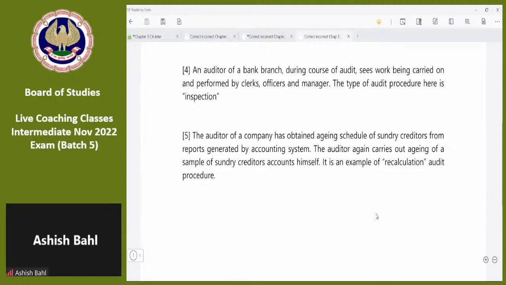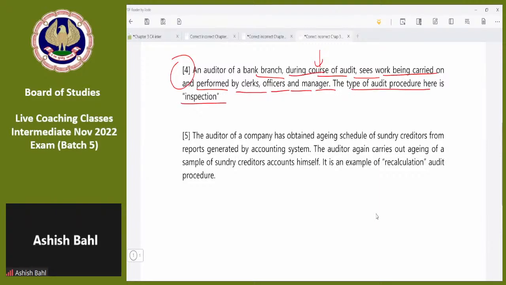An auditor of a bank branch. Now, guys, whenever you are sending answers, do write your question number. The audit is being conducted in a bank branch, and during the course of audit the auditor sees work being carried on and performed by clerks, officers and manager.